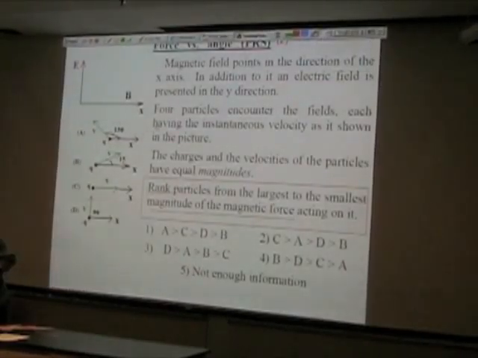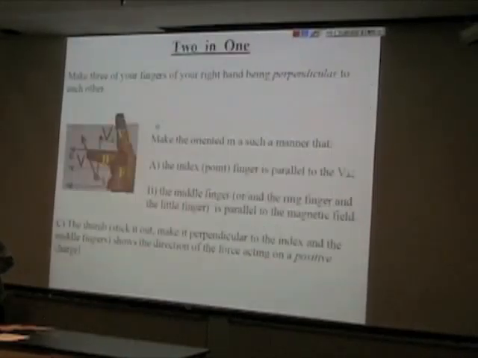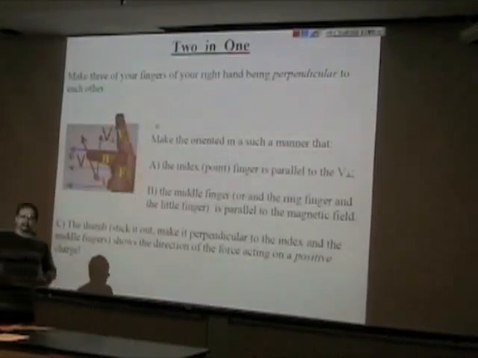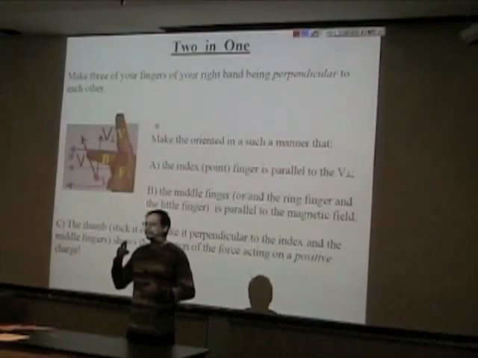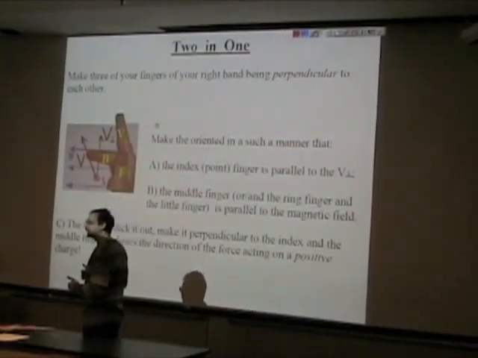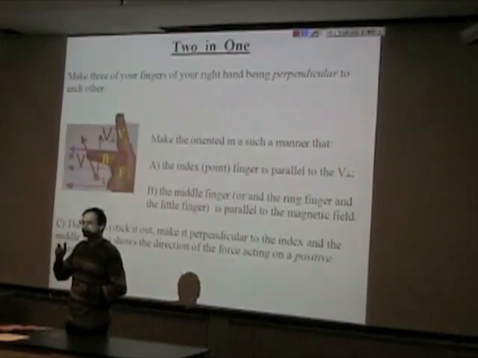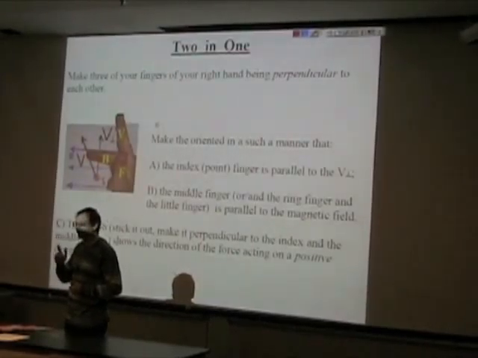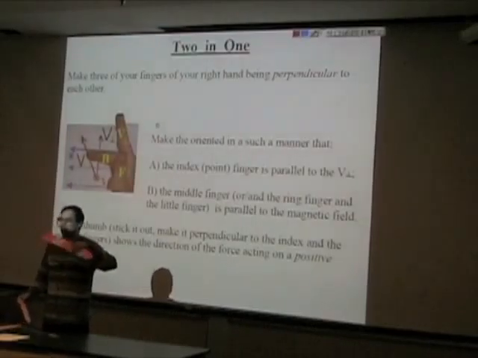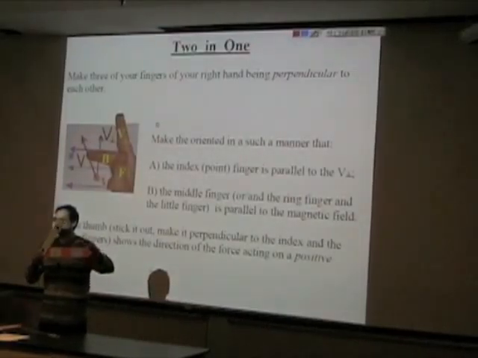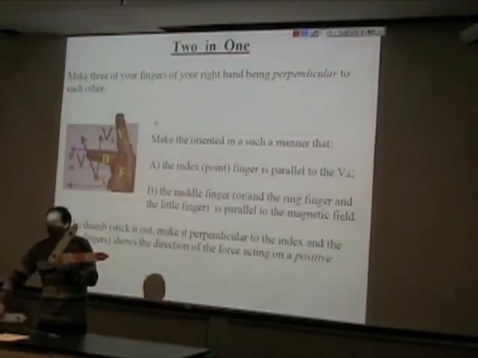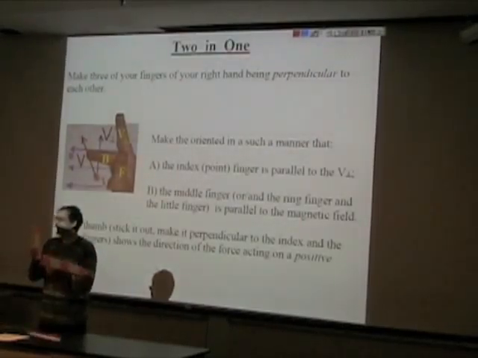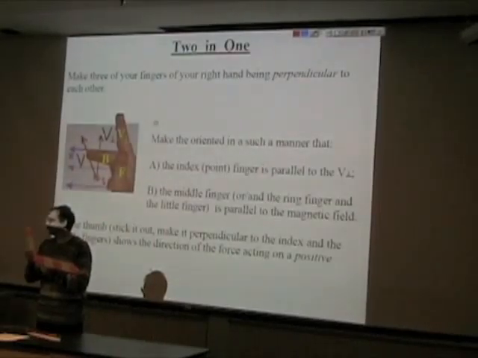All right. Now, the right-hand rule gives us the way to relate three directions. Direction number one is the component of velocity perpendicular to the magnetic field, not velocity itself. Because if you have a magnetic field like this and velocity like that, the velocity has two components. The component which is parallel to the field doesn't do anything. Only the component which is perpendicular to the field is involved in the magnitude of the force.